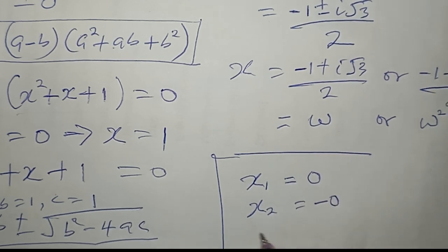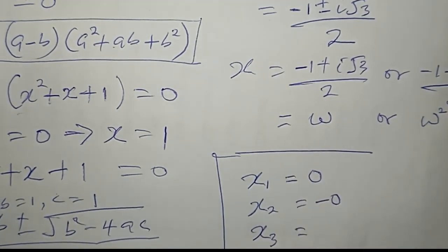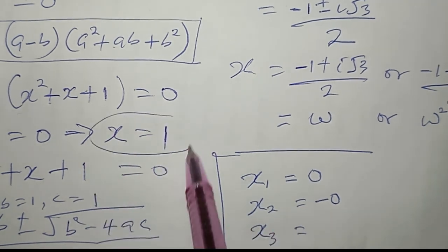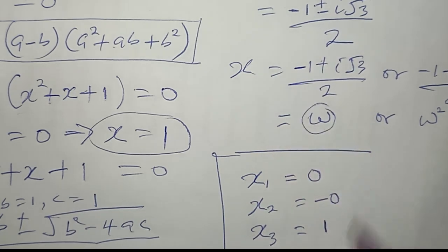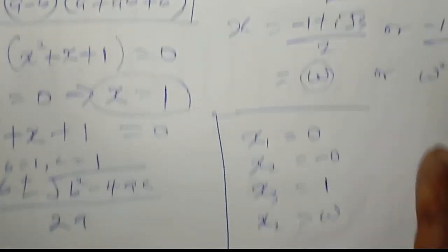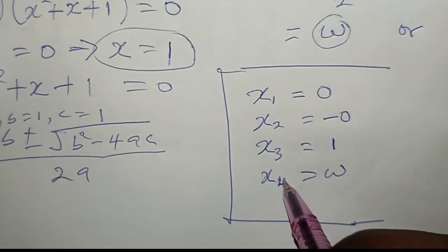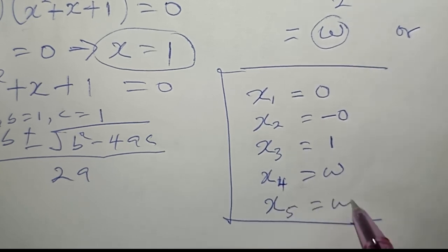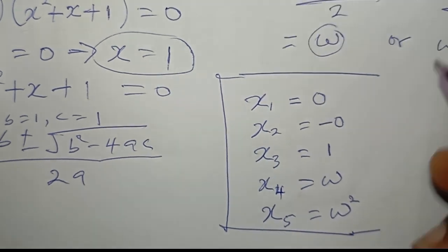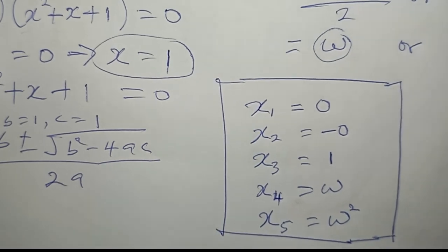Okay, and then of course x3 is equal to 1, and then our x4 will give us this omega right here, and finally x5 is going to give us omega squared. So these are the values of x that satisfy this question we are solving.